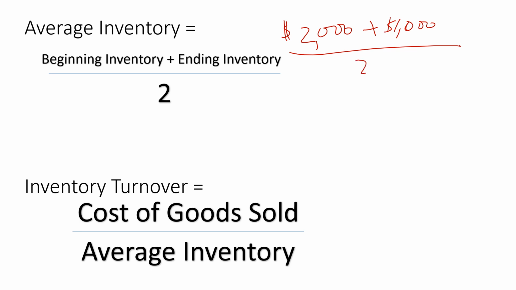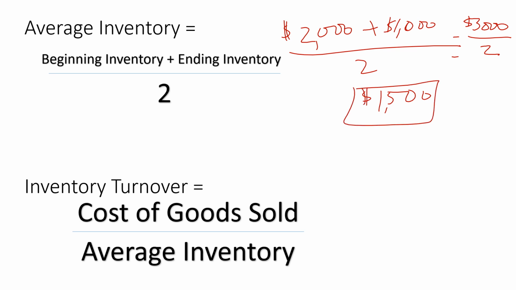We add those two together to get $3,000 and divide by 2, which gives us an average inventory of $1,500. Which means on average throughout the month, we had about $1,500 worth of product in our storage.